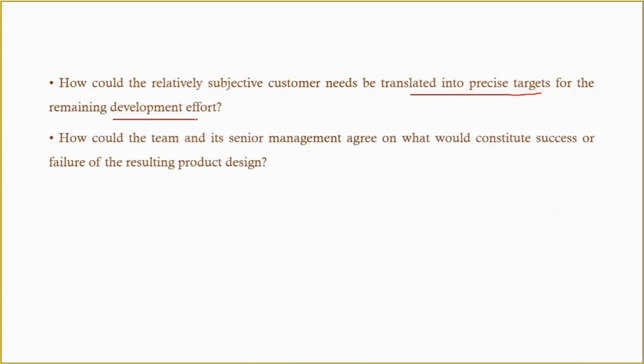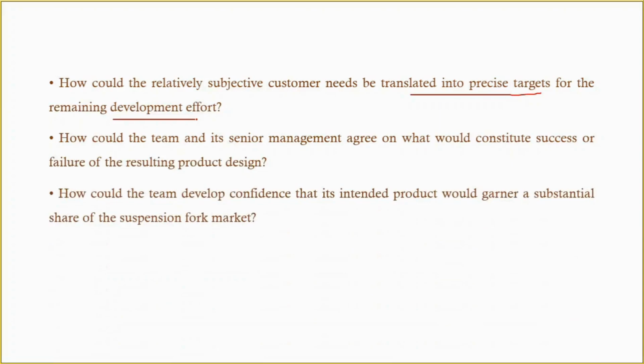Now comes the second question. How could the team and its senior management agree on what would constitute success or failure of the resulting product design? Next question: how could the team develop confidence that the intended product would garner a substantial share of the suspension fork market?